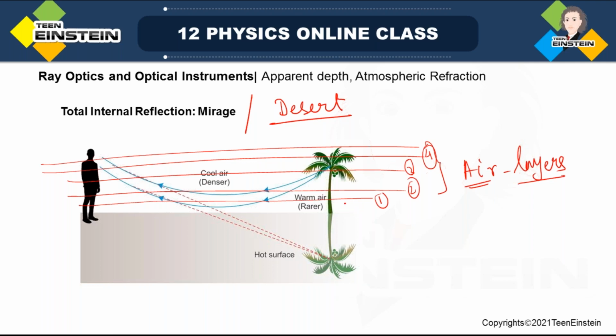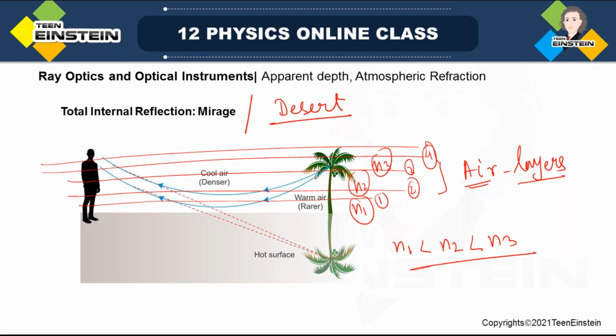So the refractive index of medium 1 will be lesser than medium 2, and even lesser than medium 3.